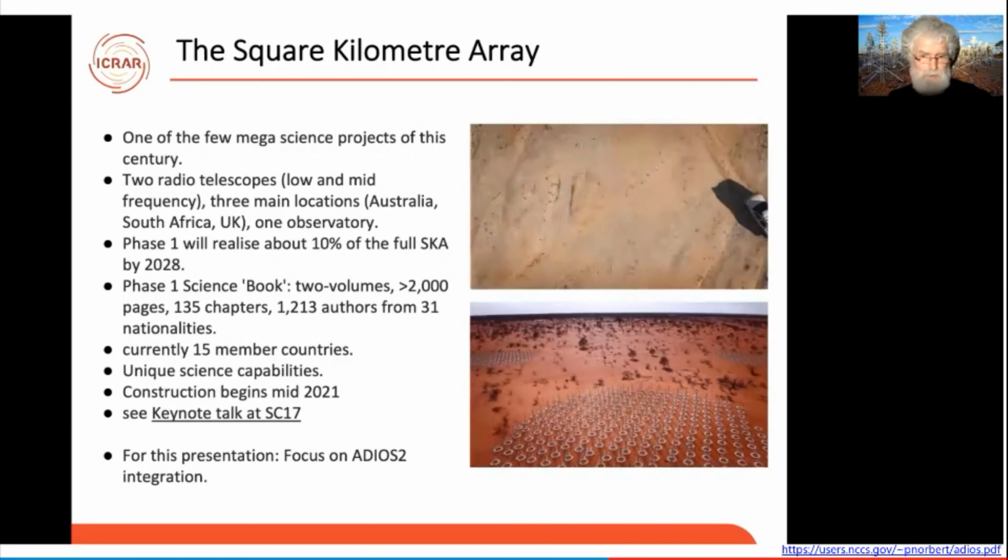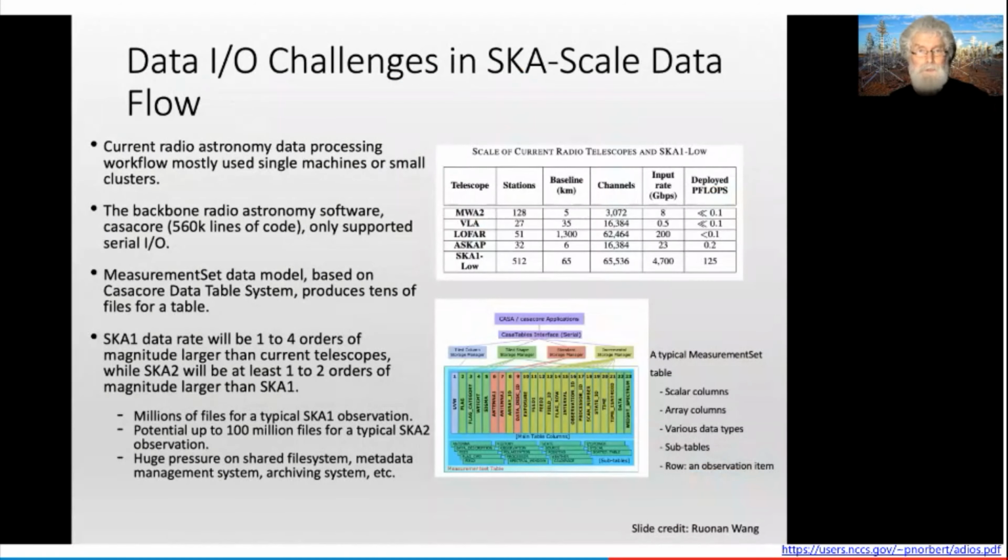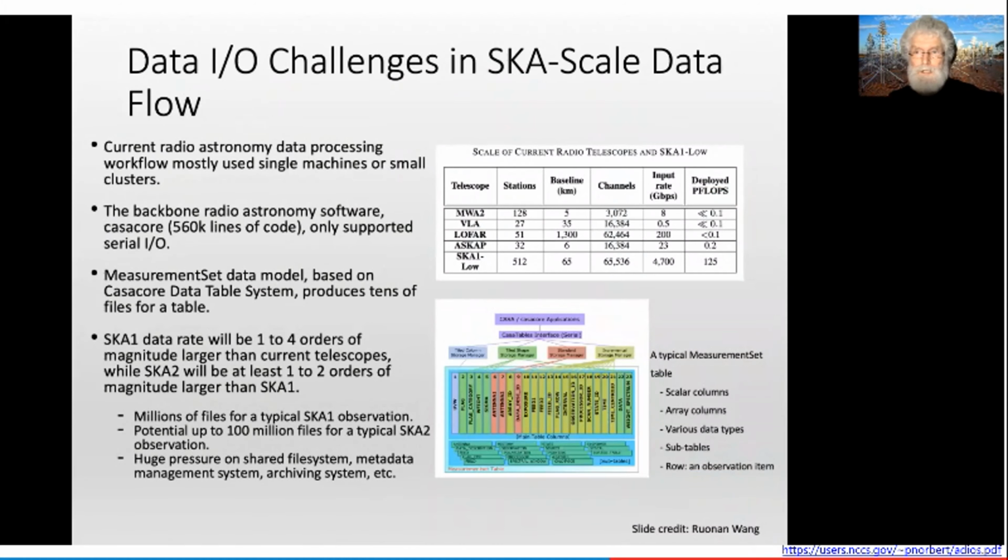In this presentation, I will focus on ADIOS II integration. The SKA scale data flow poses a lot of data I/O challenges. Current radio astronomy data processing mostly consists of single machines or small clusters nowadays. The backbone of the radio astronomy software is CASA-Core, so 560,000 lines of code developed over many decades.